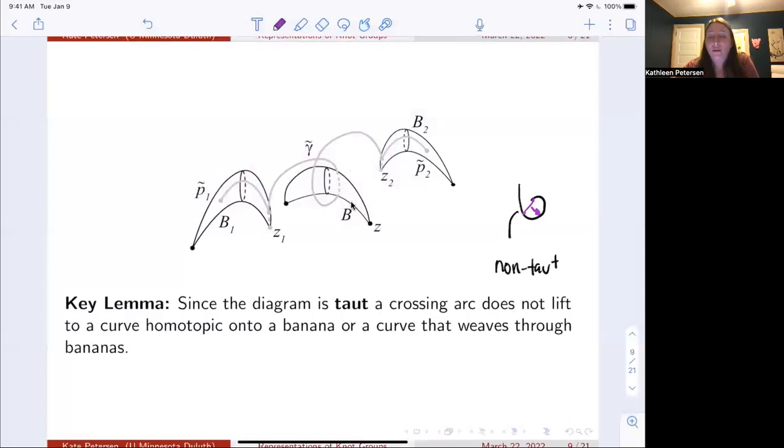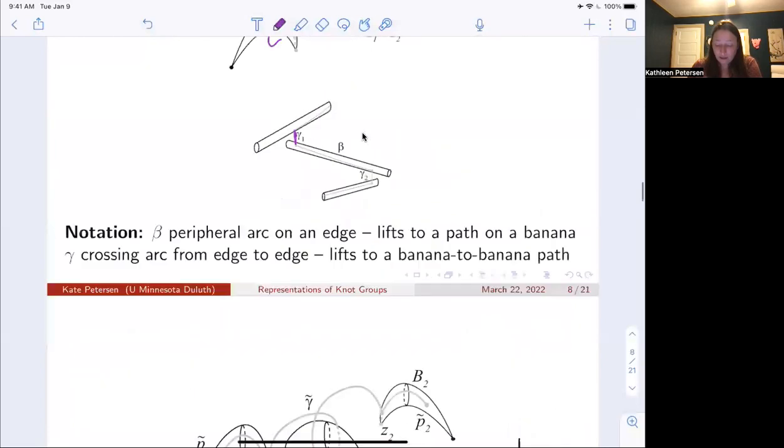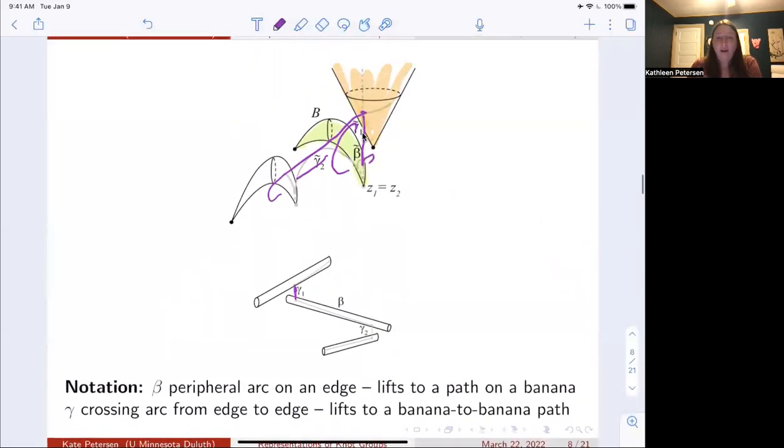And you can show that these paths would get arbitrarily long, but that can't happen. Okay, so either way, our taut condition shows us that this picture here that I originally drew is the way it happens. You can't do any of the weaving, and these bananas that the crossing arcs gamma, they start on one banana and they have to end on a different banana.